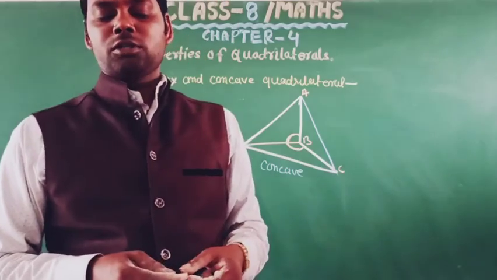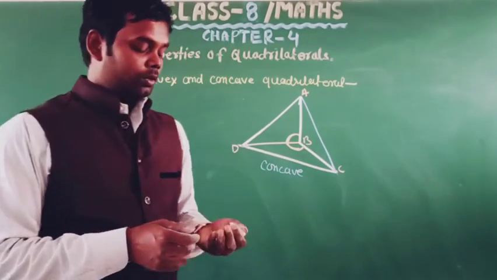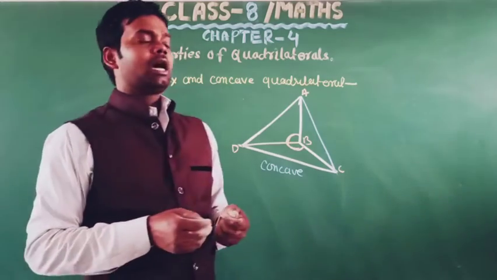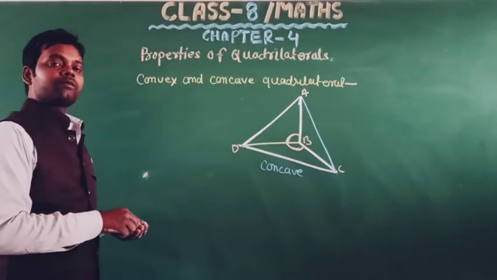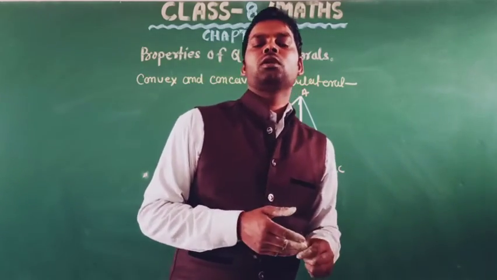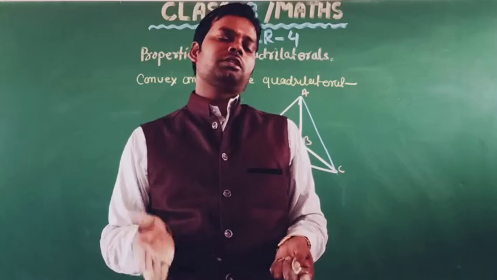A quadrilateral is said to be convex if its diagonals lie inside it.